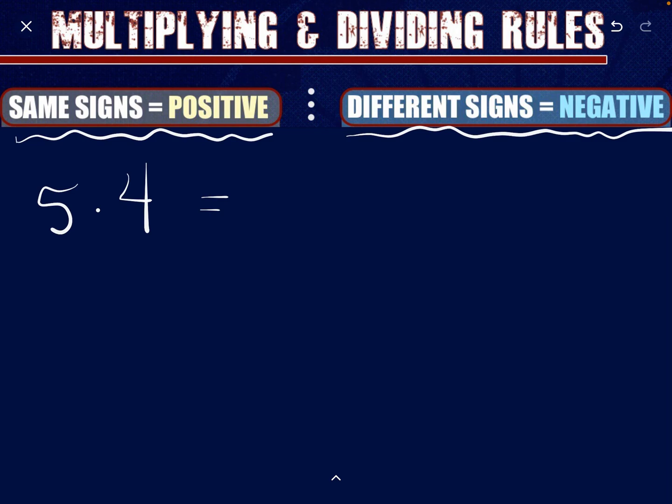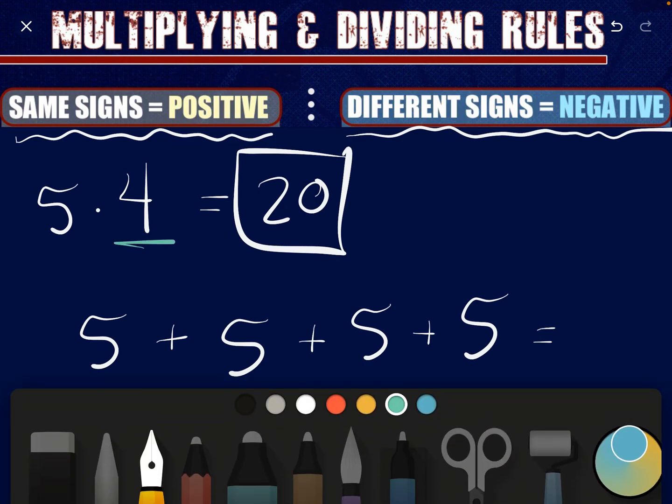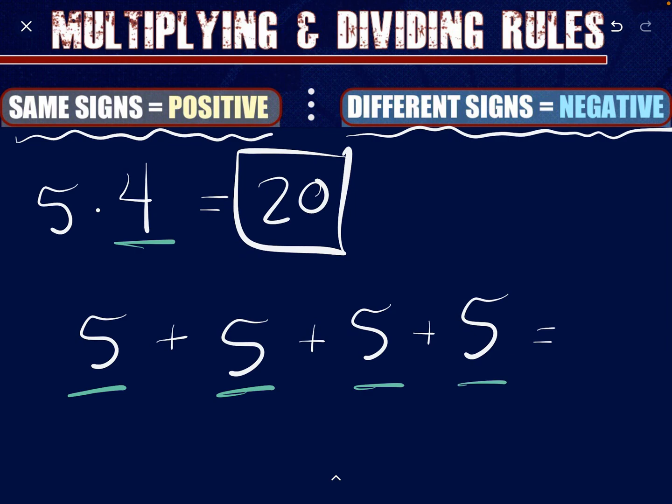It's the commutative property: the order in which you multiply will not affect your answer. So if you have 5 groups of 4 or 4 groups of 5, you have a total of 20, right? And if I said 5 plus 5 plus 5 plus 5, I have 4 5s, which is exactly what this problem is telling me. We add those together, and guess what? You get 20.